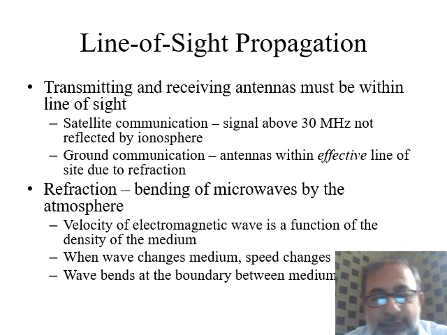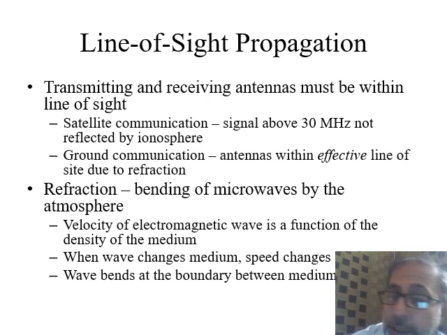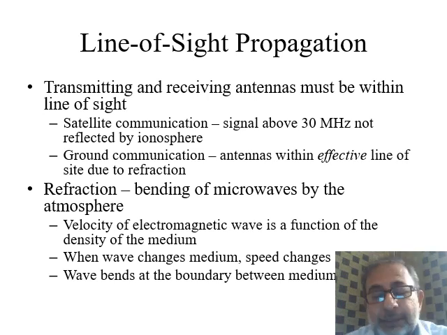This is done after 30 megahertz, because at 30 megahertz the signal is not reflected by the ionosphere. That's why all the satellite communication is also done in this range. But satellite communication is not the only use of line of sight communication.